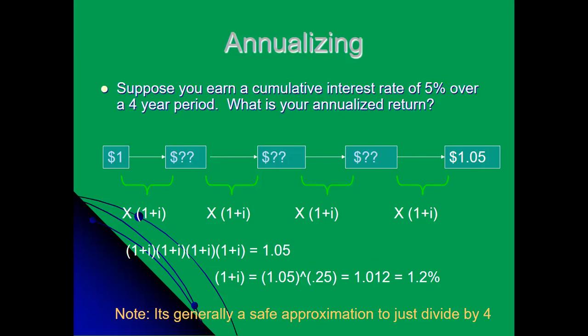So money earns interest, and the interest that is earned the next time would be based on the money plus the interest. So money earns interest, and the interest that is earned earns further interest, and so on and so forth.